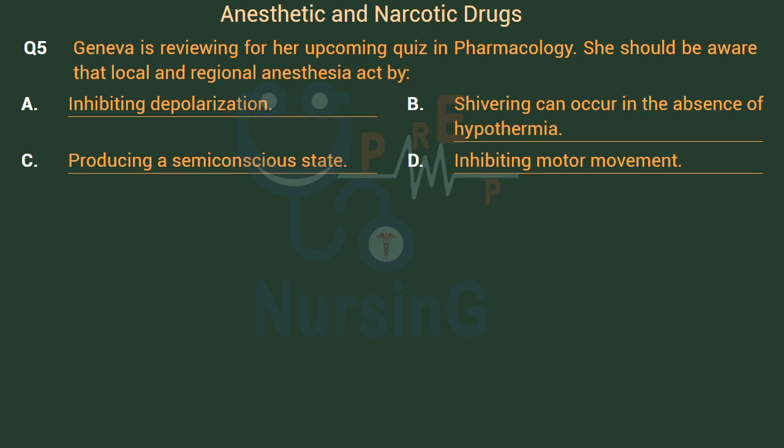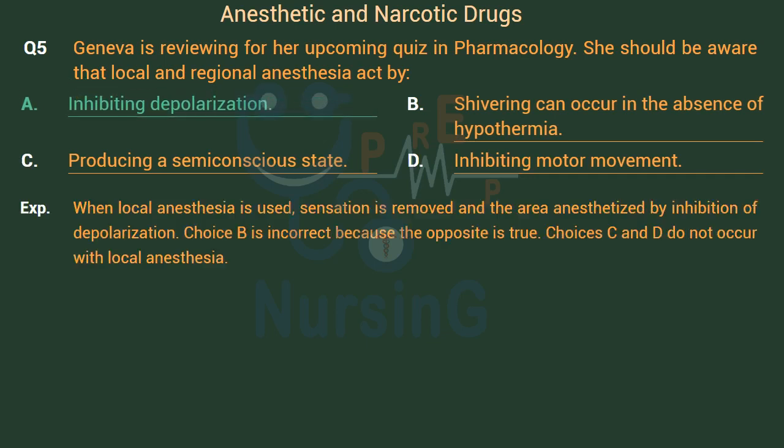Right answer is Option A, Inhibiting depolarization. When local anesthesia is used, sensation is removed and the area anesthetized by inhibition of depolarization. Choice B is incorrect because the opposite is true. Choices C and D do not occur with local anesthesia.